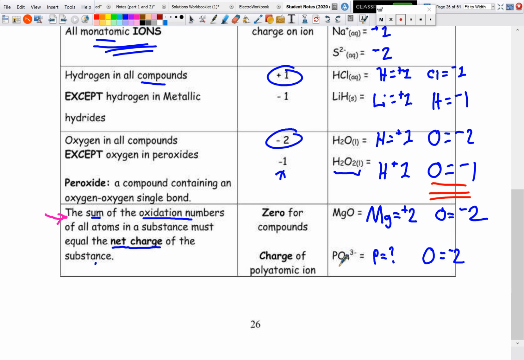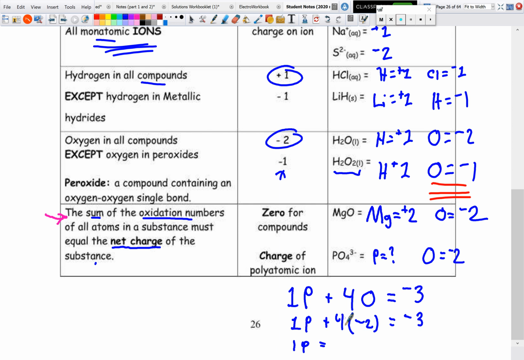How this works is, we have 1 phosphorus, plus now we have 4 oxygens, which must equal the overall charge on our chemical species, which is negative 3. Now, when we do our algebra, 1 phosphorus plus 4 times the oxidation number of oxygen, which is negative 2, because each oxygen is going to bring a negative 2 to the party.